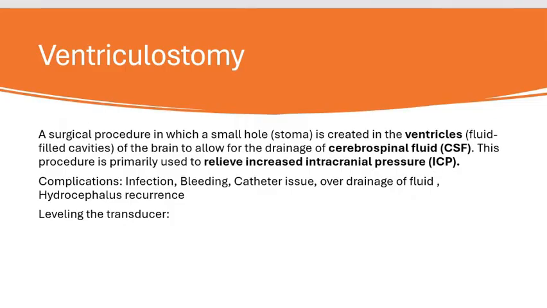And like the name says, ostomy means drainage. We literally surgically make a small hole in the ventricles of the brain to allow the drainage of the cerebrospinal fluid. This is usually done to relieve the increased intracranial pressure.